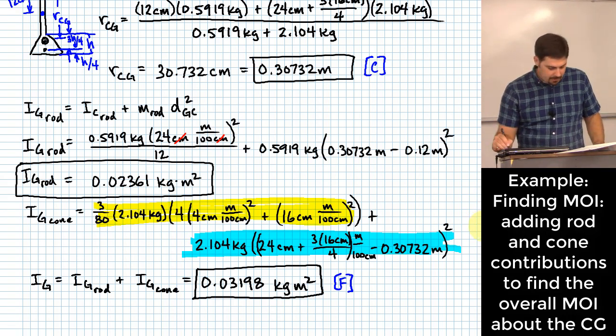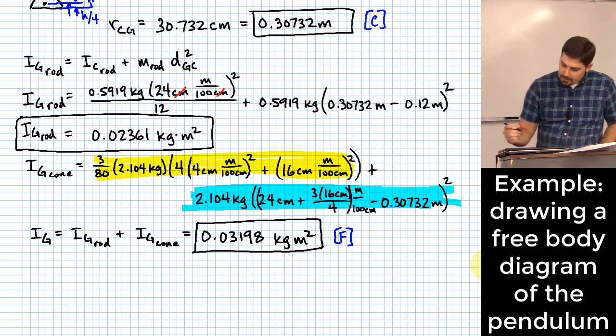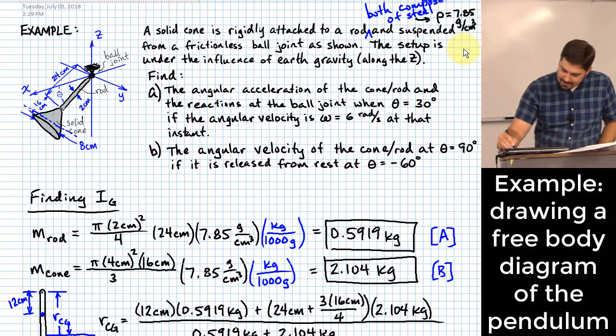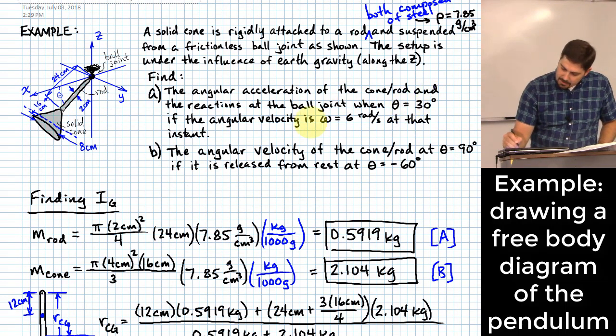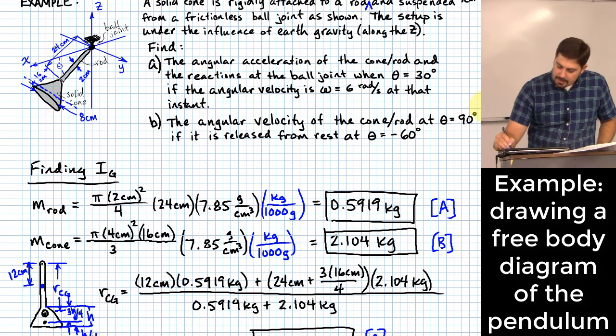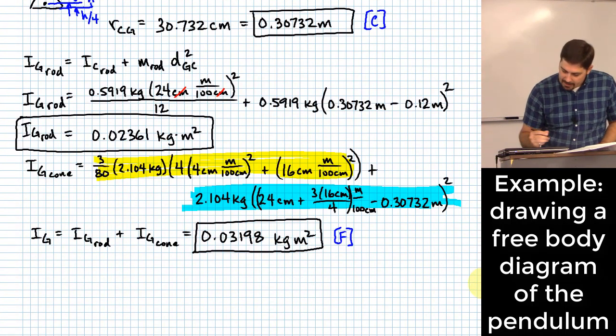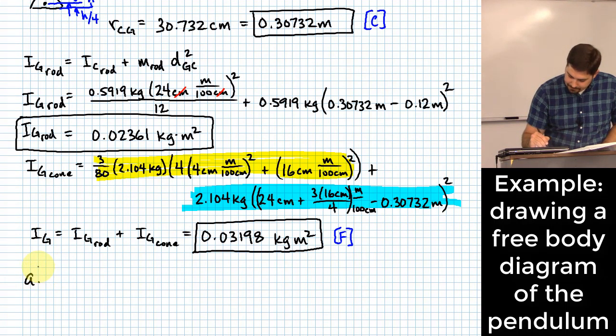What we want to do now is the equations of motion. This is, go back up to part A: angular acceleration of the cone and rod and the reactions at the ball joint. To get this, we want to do equations of motion. Equations of motion arise from free body diagrams and kinetic diagrams.